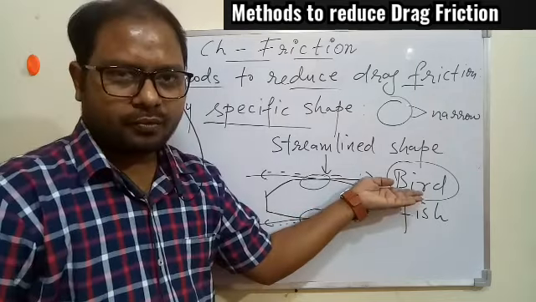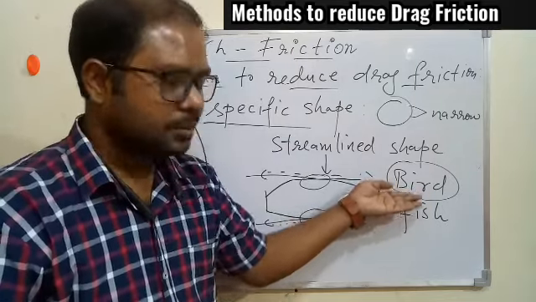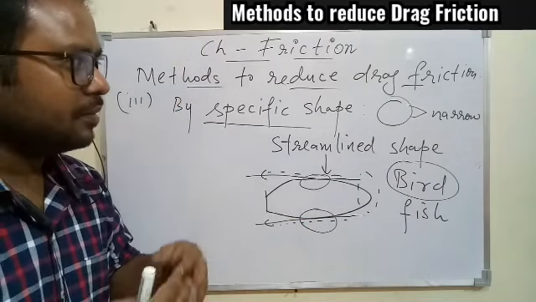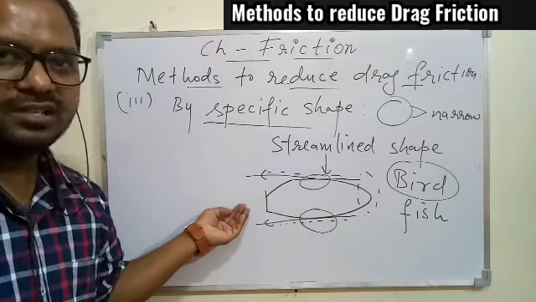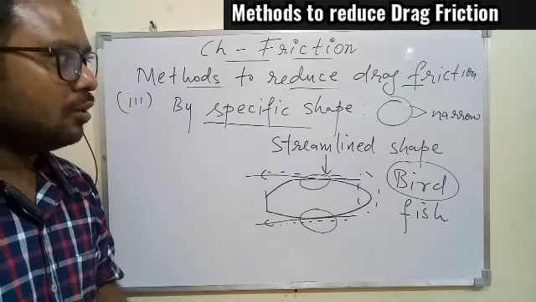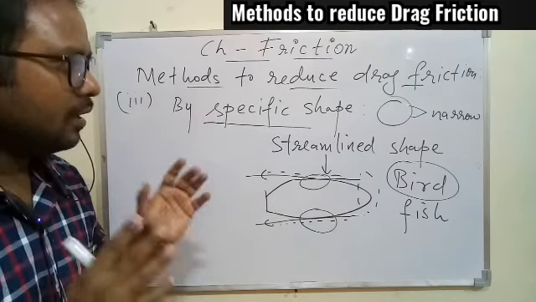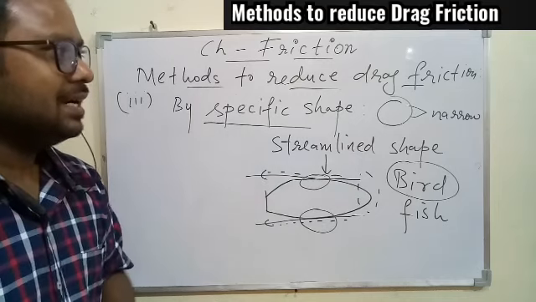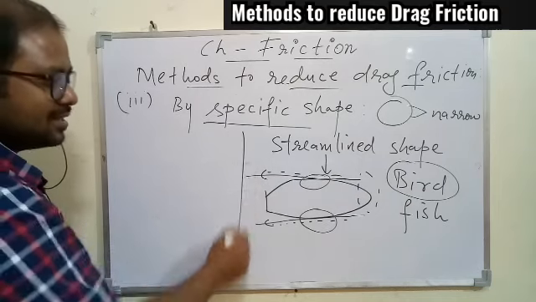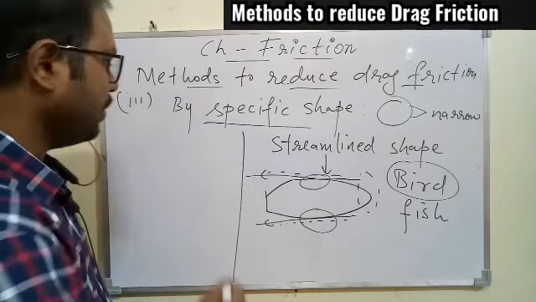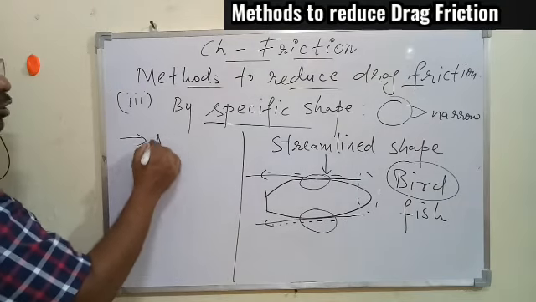Those who are flying in the atmosphere, in the air, the birds and other creatures, even they have the same kind of shape. That is how, with the help of this kind of streamlined shape, we are able to overcome the drag friction, and based on this understanding from the nature itself, we are able to give particular shape to the aeroplane.